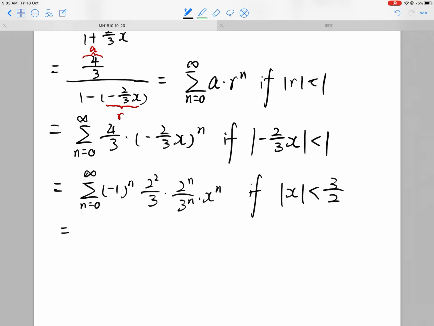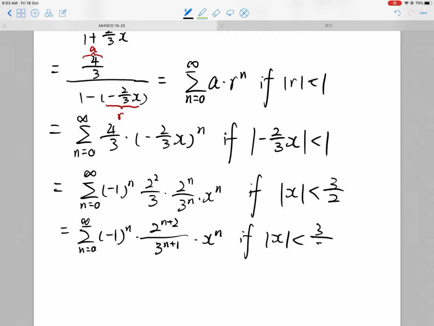So we further simplify it. It is negative 1 to the power of n times 2 to the power of n plus 2 over 3 to the power of n plus 1 times x to the power of n, if x is smaller than 3 over 2. Then it asks what is the interval of convergence. The center is 0 and the radius of convergence is 3 over 2.